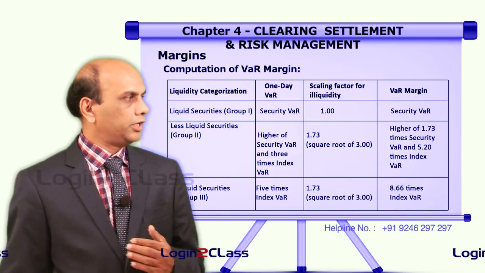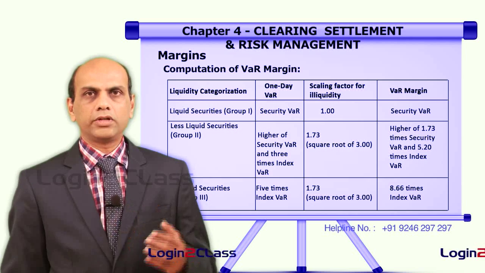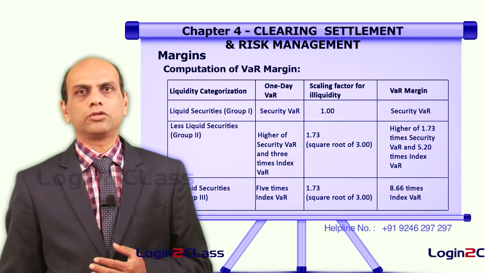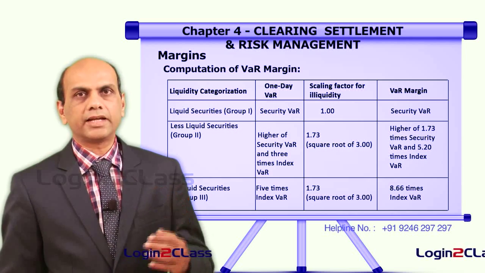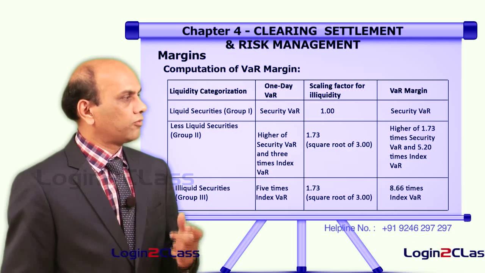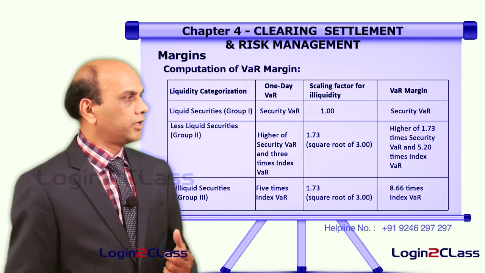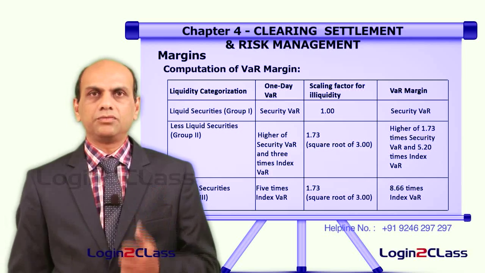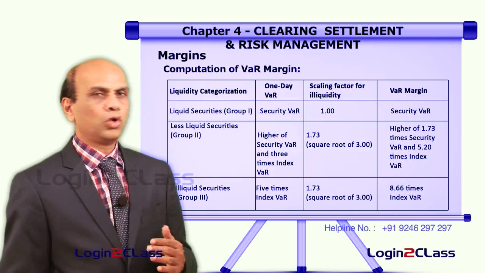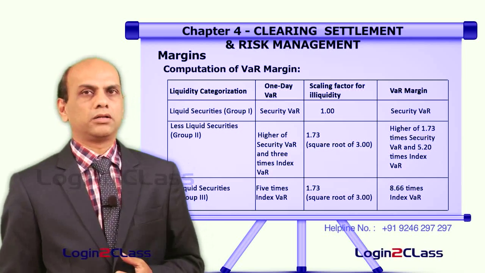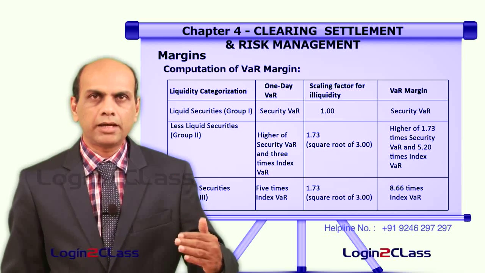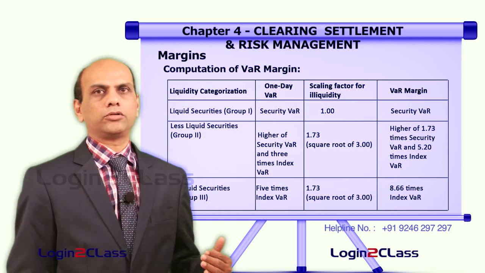Less liquid security, group 2. How do we calculate the VAR margin for securities in this second group? Higher of security VAR and 3 times index VAR. We take these two and find which is the higher one. That means we take security VAR of that security in that particular group.